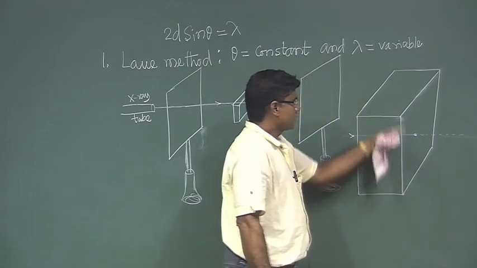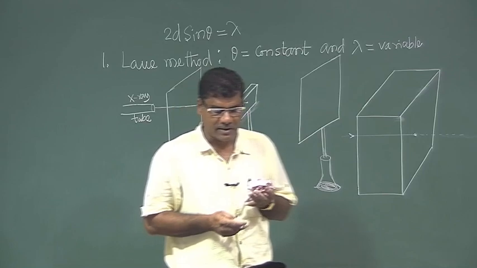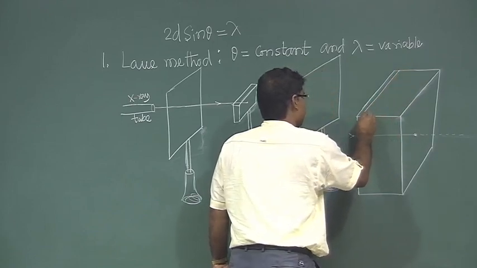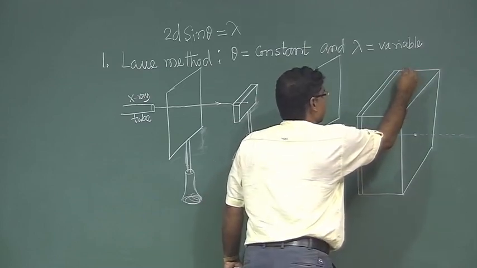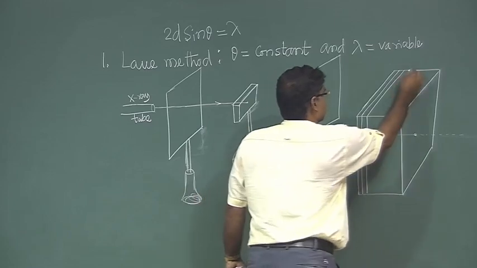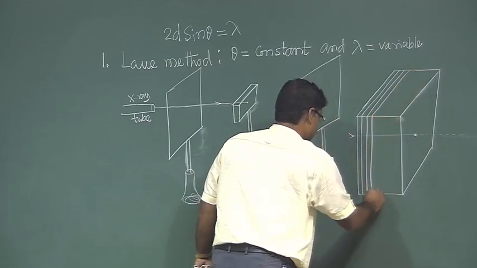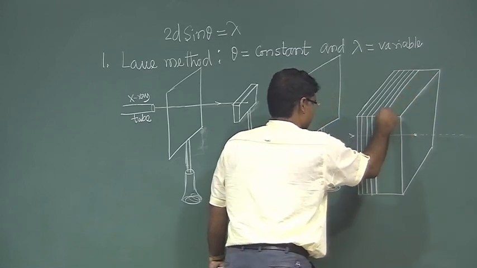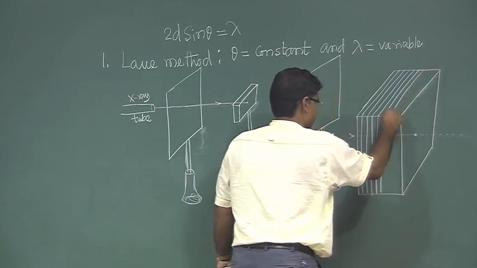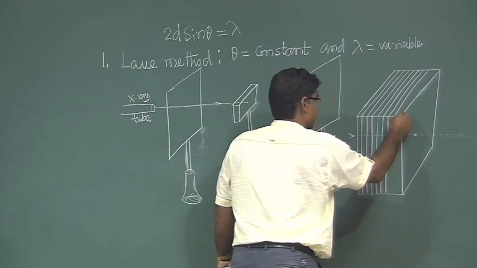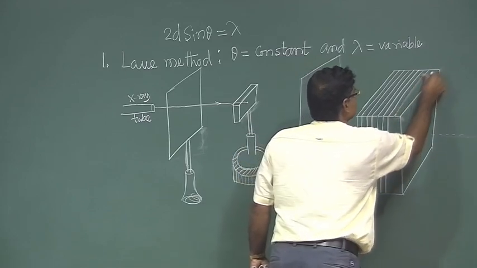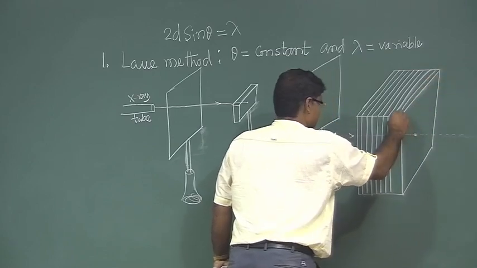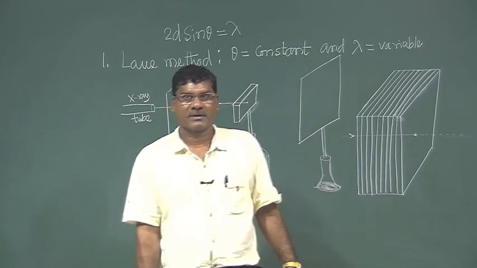This angle. So there is a set of parallel planes. If I just consider one set of parallel planes, so these all are equispaced parallel planes. The drawing is not proper, but if one can understand.